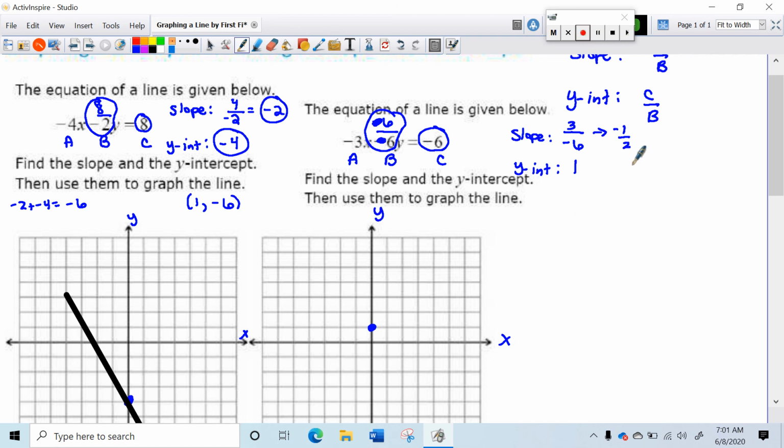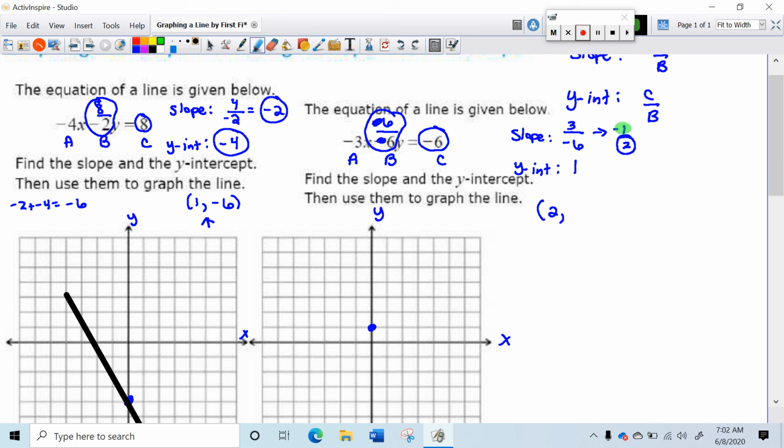Okay, now, before, when I made my other point, I used a 1, because there was no denominator in the slope. But since there is a denominator in the slope, I'm going to use that, a 2. When you do that, then you have these two that you add together.